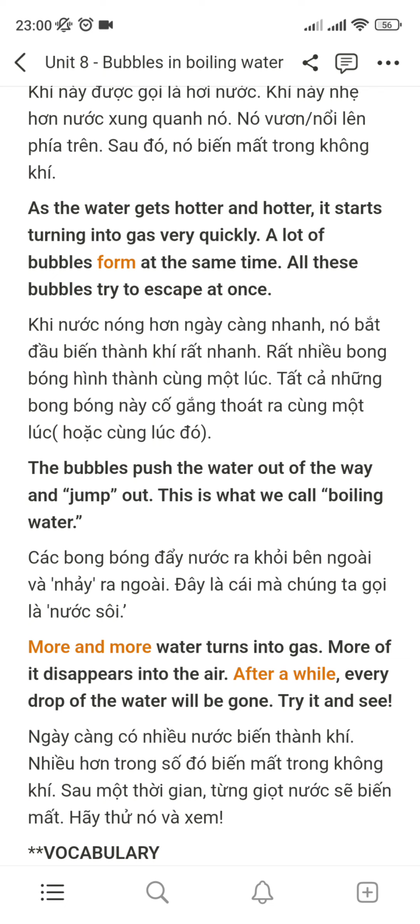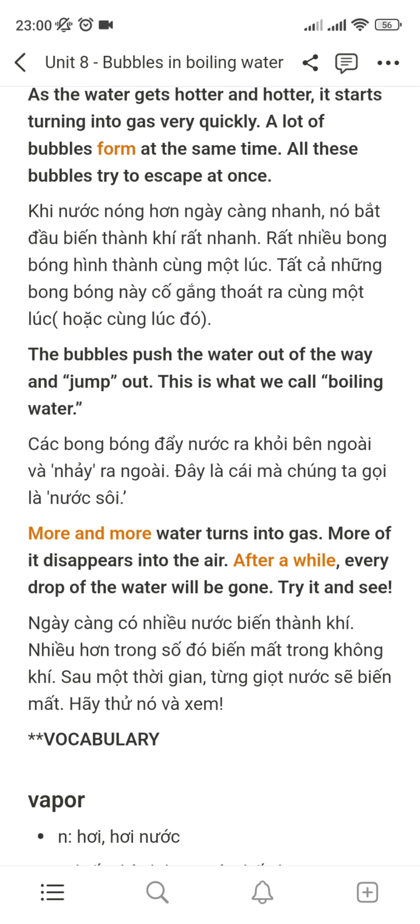All these bubbles try to escape at once. The bubbles push the water out of the way and jump out.